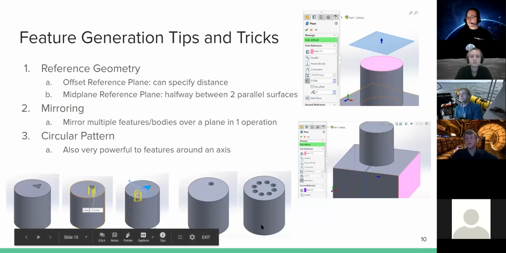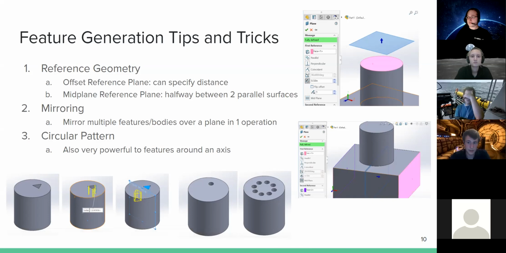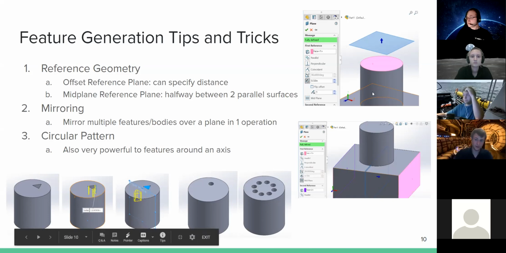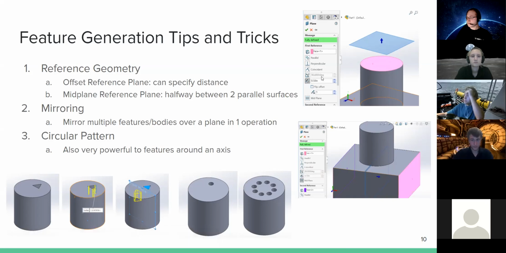And then just reiterating some feature generation tips and tricks. When we're making parts, sometimes it's nice to use reference geometry. We might make planes in the middle of a part using different definitions. In this case, we have an existing surface, but we want a plane that's offset a certain amount. We can set a distance from that surface to create a new plane.